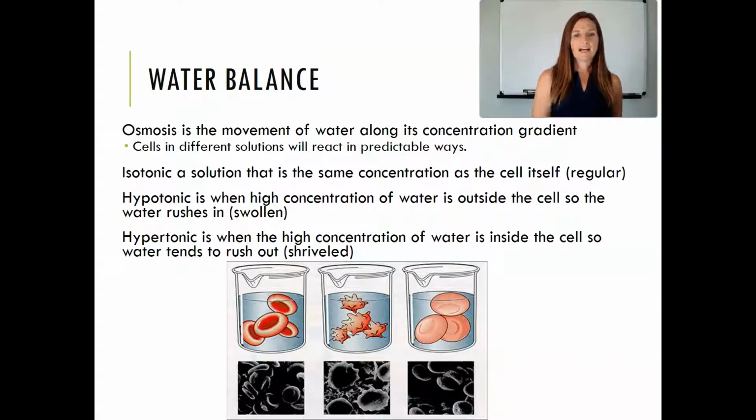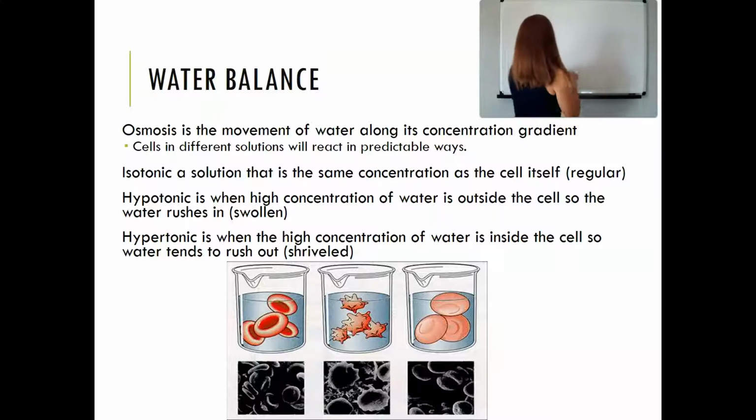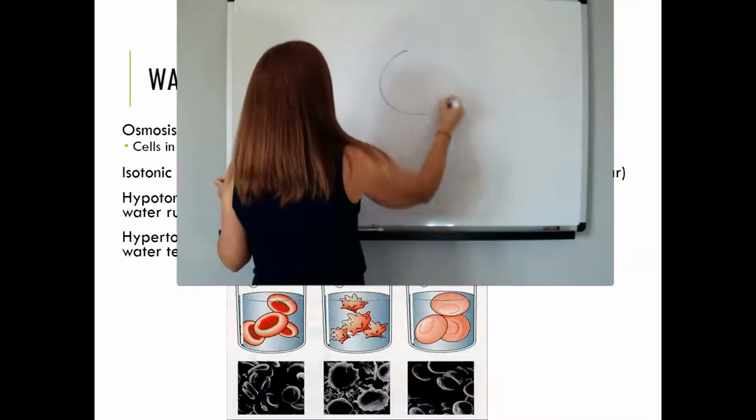If we put the cell into a hypotonic solution, think like hypotonic, it gets fat. So in a hypotonic solution, we have a high concentration of water on the outside of the cell. So we have very little solute in the liquid. Imagine you're a red blood cell.